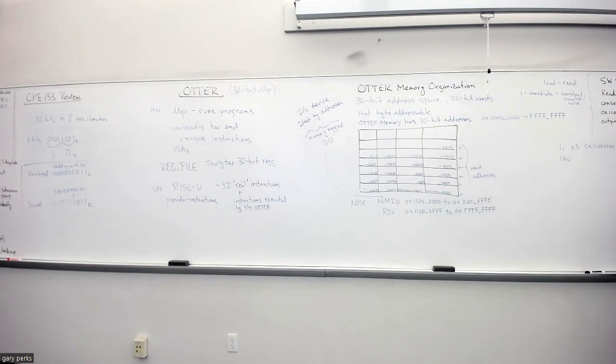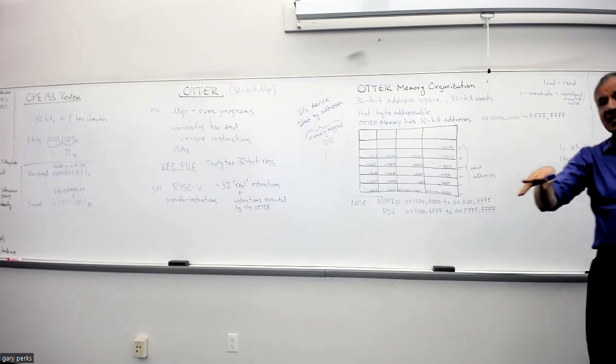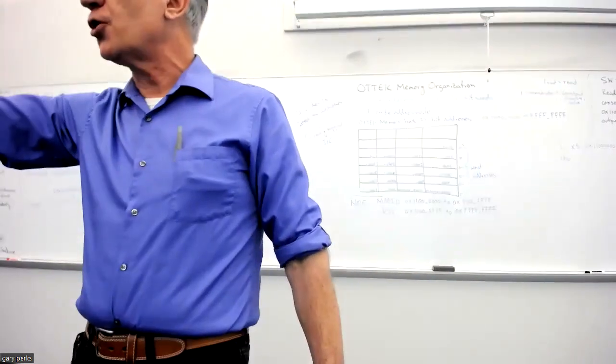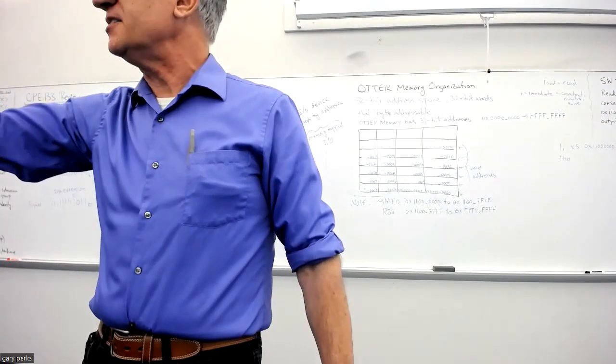All right, so the next command is a load half word unsigned. What is a half word in this case? How many bits? 16 bits, right? Because a word is 32 bits. If you look at the instruction set, you'll see there's also a load word and a load byte.